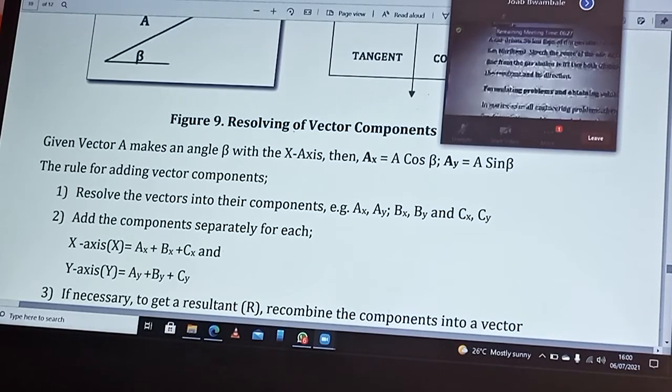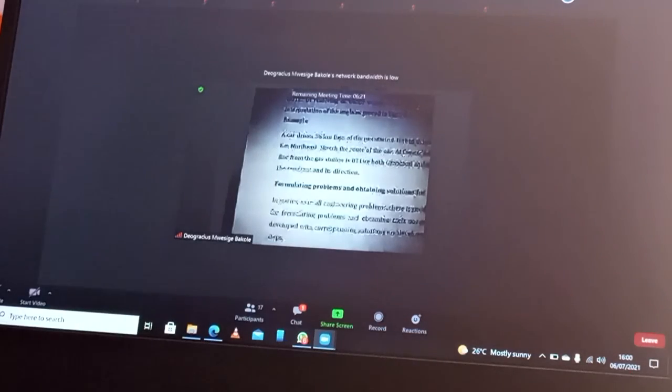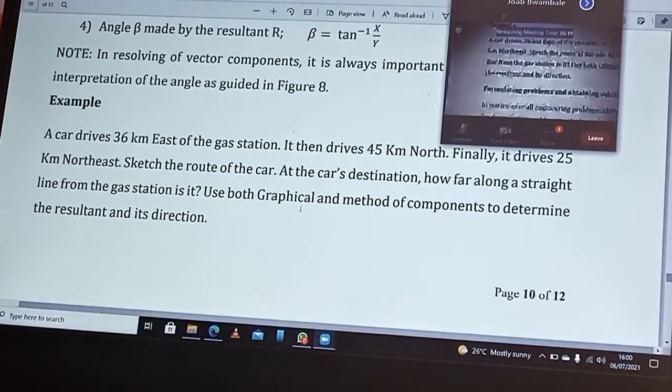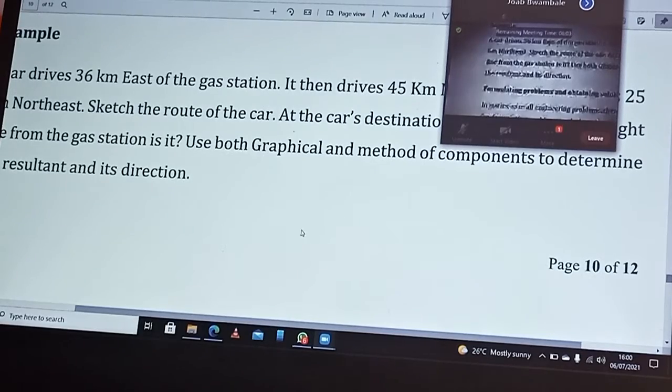Using the graphical method, it is as simple as drawing a line of 36 as the unit. This is a straight line from 0, 0 towards east. Then it drives 45 kilometers north. From wherever this point stops, you draw another line towards the north. Then it drives 25 kilometers northeast. You look for northeast using a compass and protractor, whichever is easier for you.